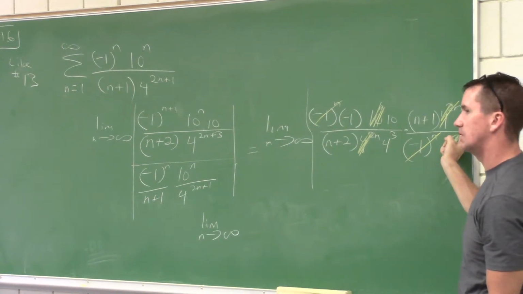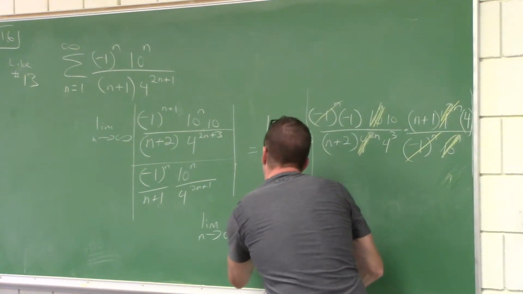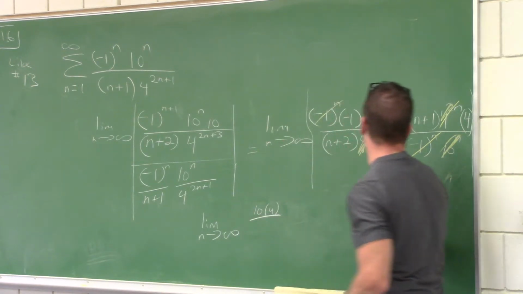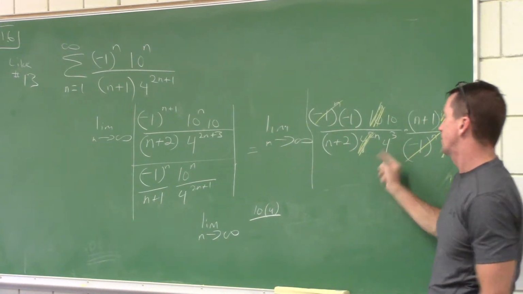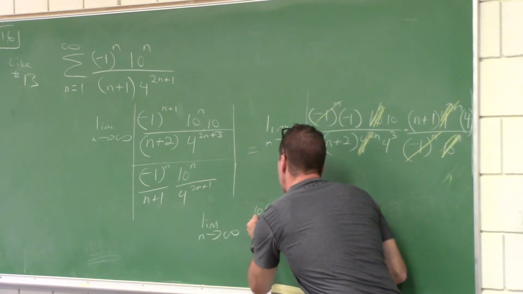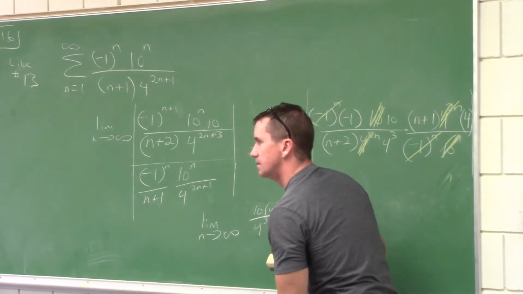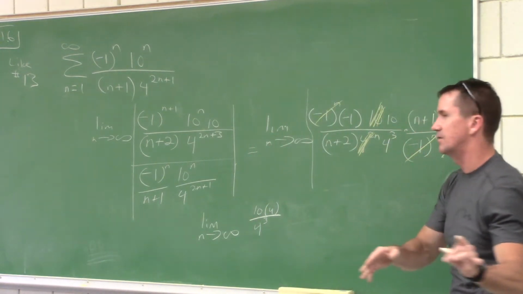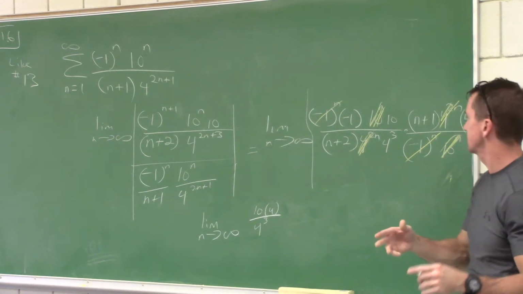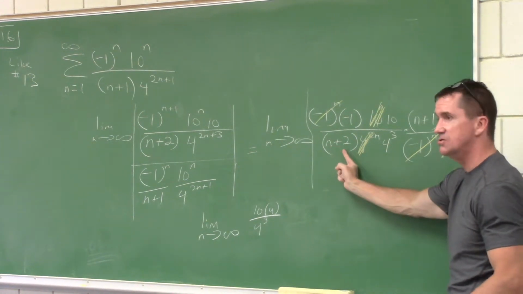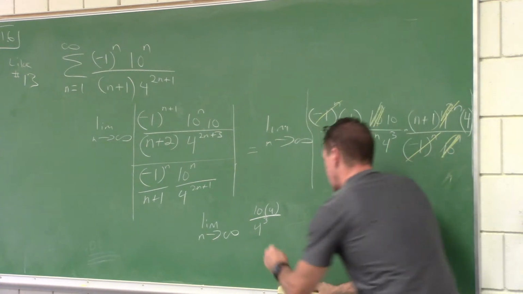What's 10 times 4? 40. What's left in the denominator? 4 cubed. Anything else left? What is 4 cubed? 64. Anything else left over? Keep looking. Ah, the n plus 2 is still there, right?